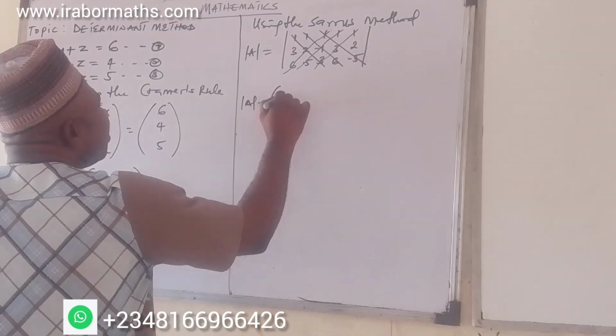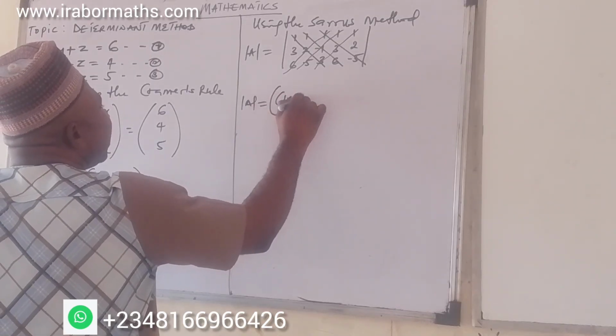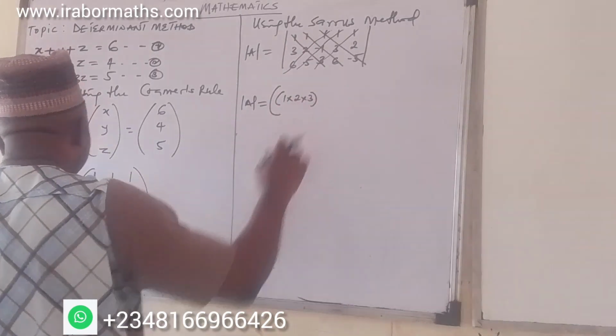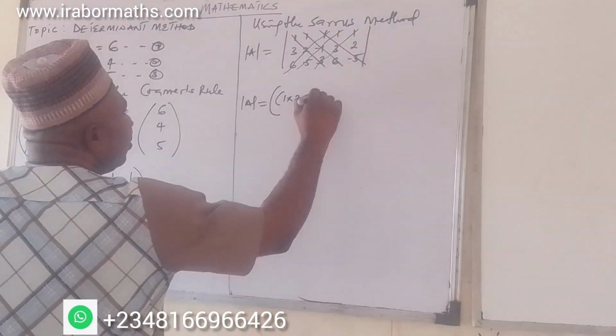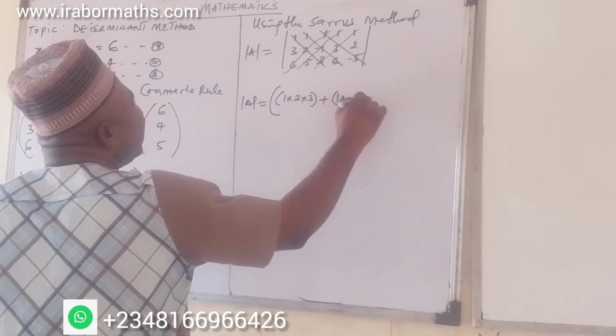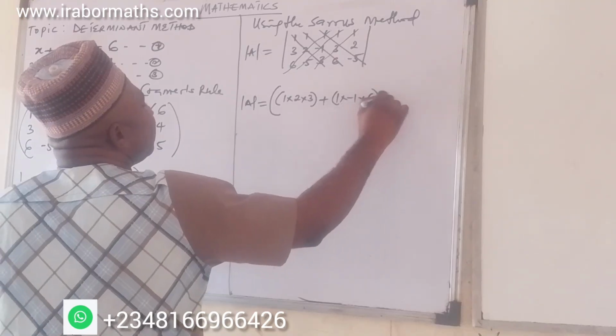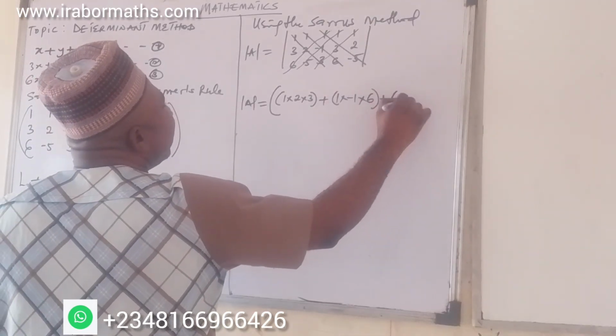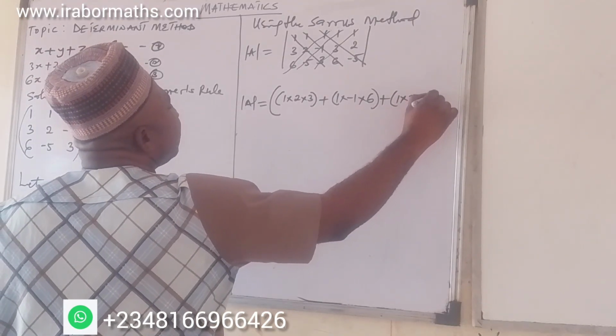So here we have 1 times 2 times 3, plus 1 times minus 1 times 6, plus 1 times 3 times minus 5.